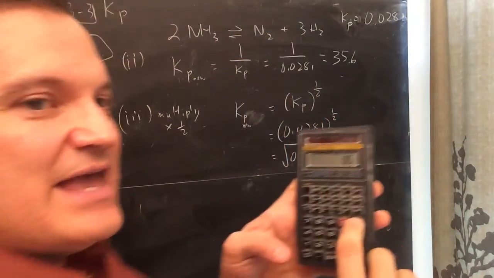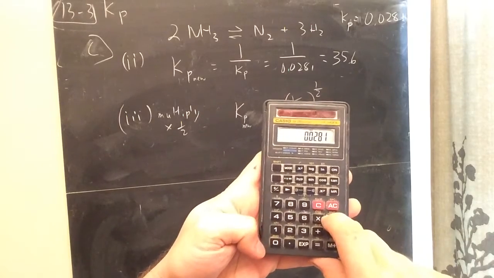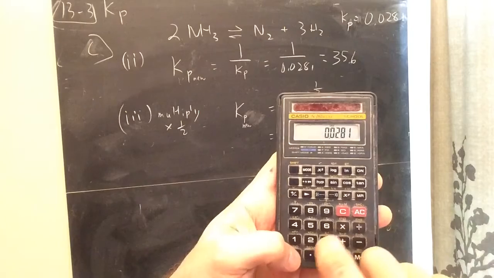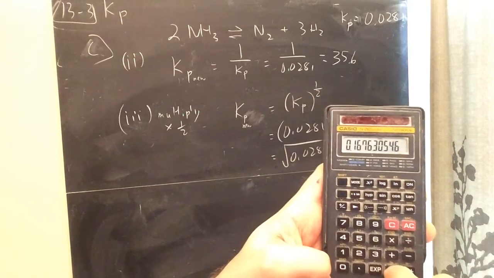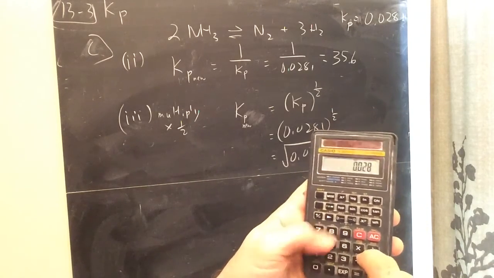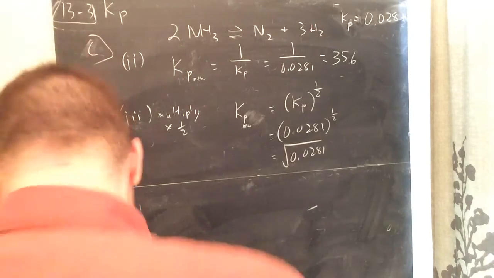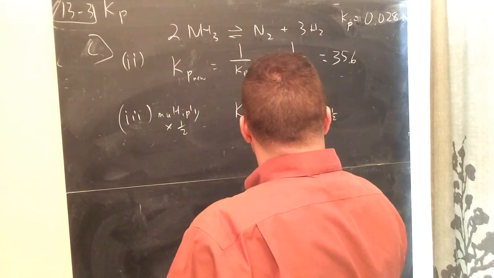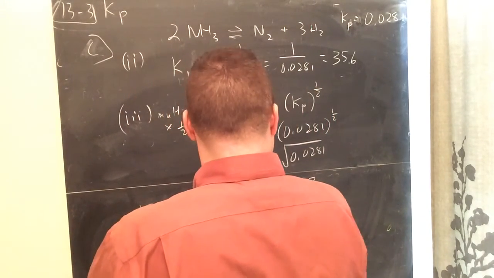So to get the square root, 0.0281, x to the y, and I'm going to put 0.5. x raised to the 0.5 power is 0.1676, or 0.0281 and get the square root, 0.1676. Okay? Just with the sig figs, it's just 0.167. Okay, so that's the new K.